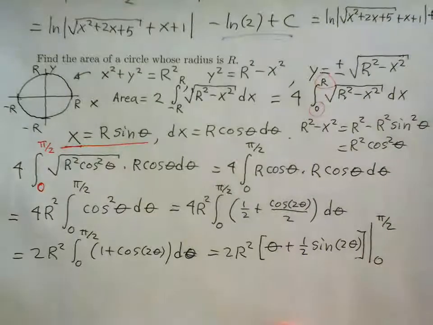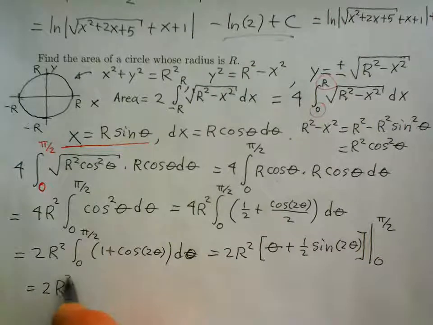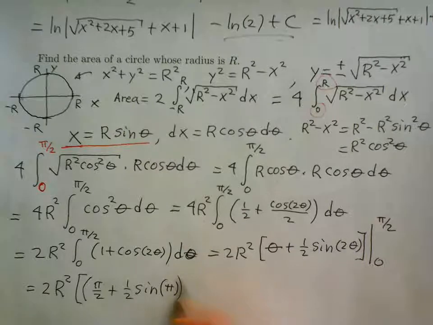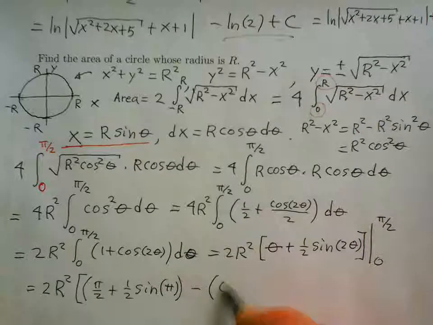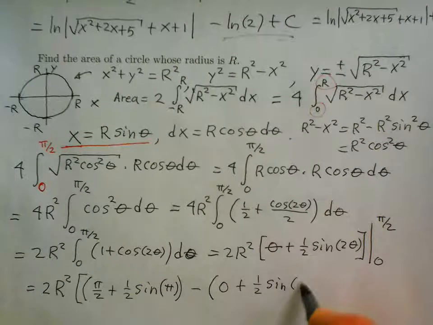So we're almost done. 2 times r squared. So first replace theta with pi over 2. So pi over 2 plus 1/2 times sine of 2 times pi over 2 is sine of pi. And then minus the quantity 0 plus 1/2 times sine of 0.